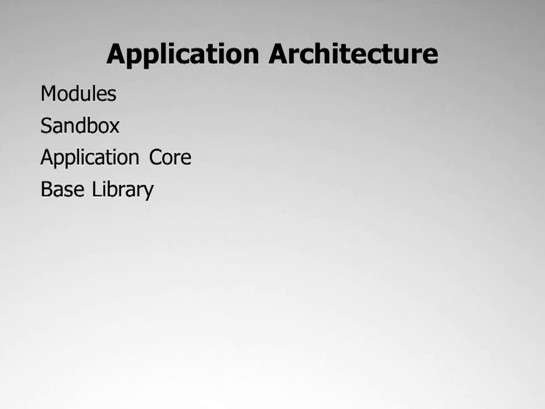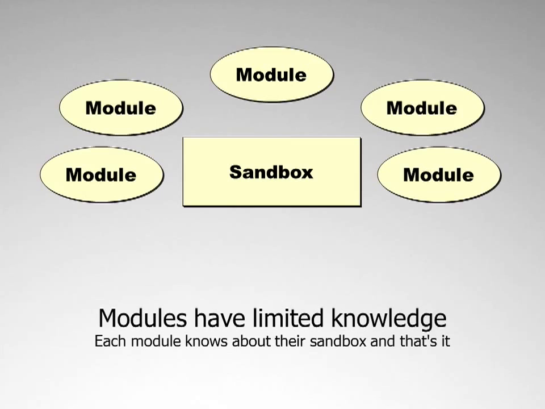So these are the four things that we're going to be talking about, basically modules, the sandbox, the application core, and the base library. We'll start with the modules. The modules have very limited knowledge of what's going on. Right? They don't know about each other, and they only know that the sandbox exists and that they can use it, and that's pretty much it. And this is very important.